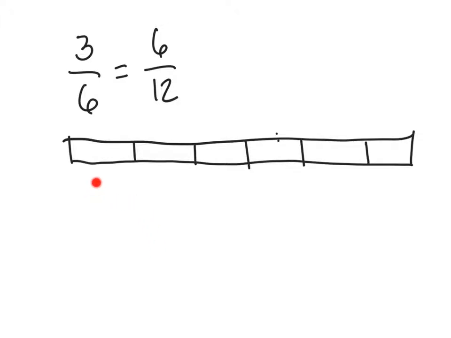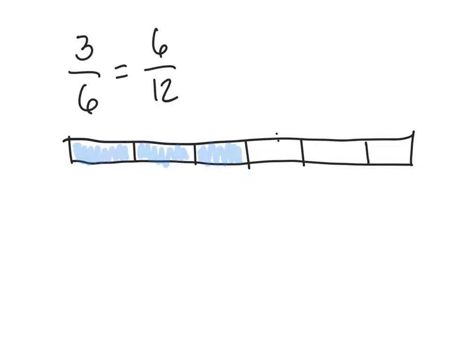So I already started the tape diagram, and it's broken up into 6. 1, 2, 3, 4, 5, 6. And the numerator is telling us that we need to color in 3. So I have 1, 2, and 3. Okay, so now what we have to do, because we want to make it into 6/12.